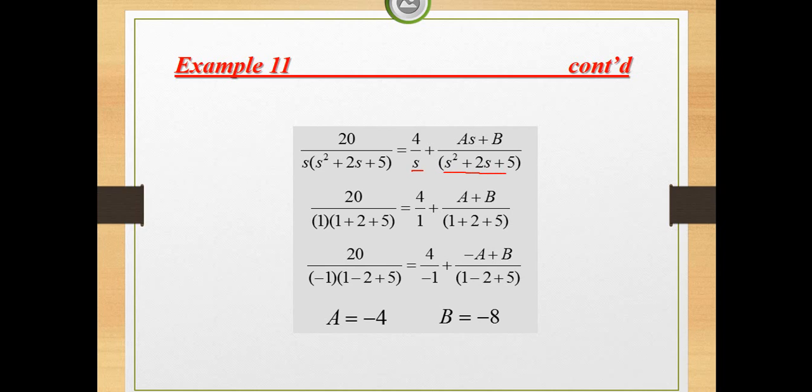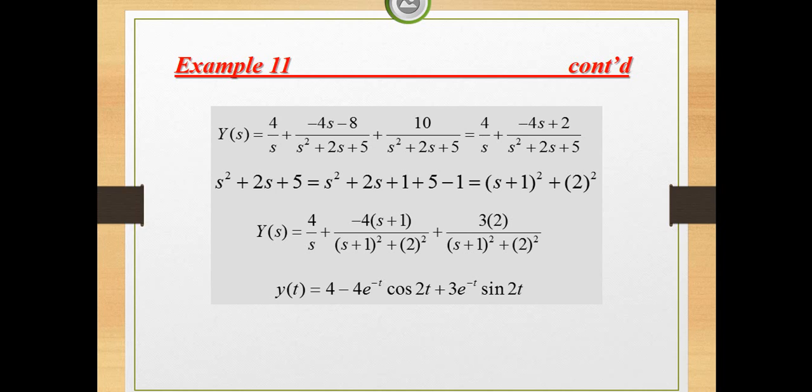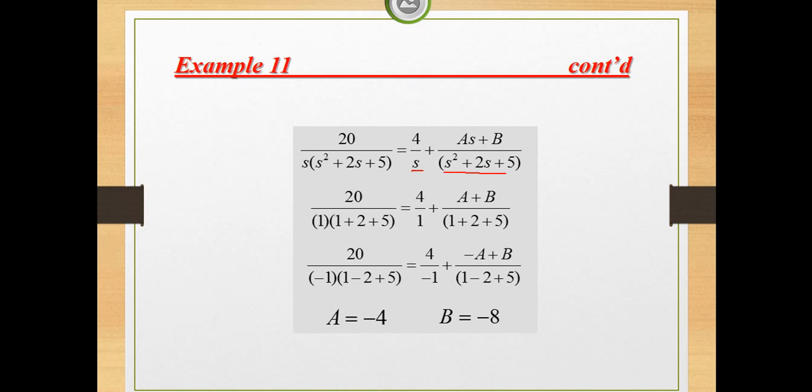If you do the necessary procedure of finding the value of the undetermined coefficients, like you can equate coefficients or you can assign values for x, the corresponding values of A, B and C are 4, negative 4 and negative 8. Telling you that your second term, your Y of s, will now have 4 over s, and these two, negative 4 plus negative 8.